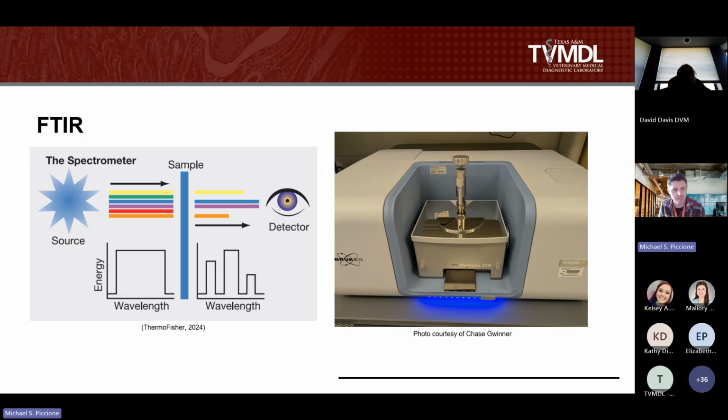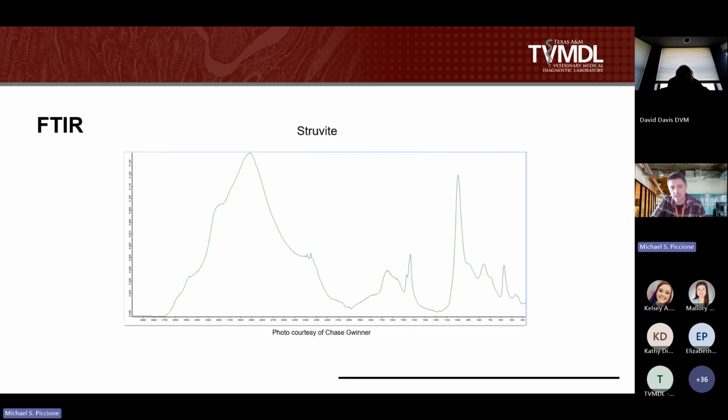So very interesting things. When we see these particular graphs, this is what we get in our diagnostic lab. Here the x-axis represents the frequency of light that interacts with the sample itself, and the y-axis represents how well the sample absorbs or reflects light.